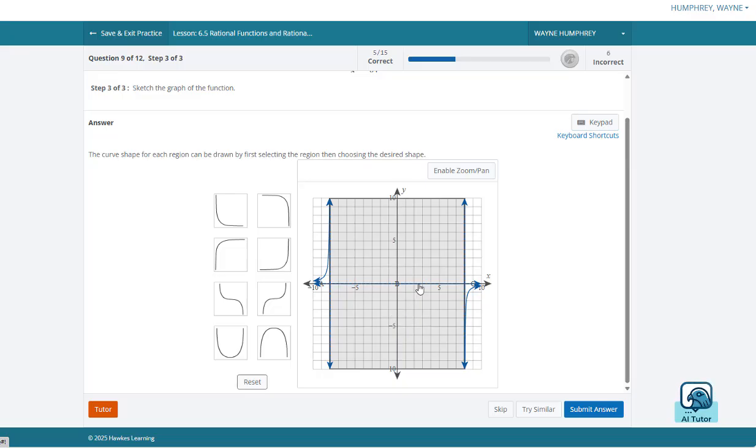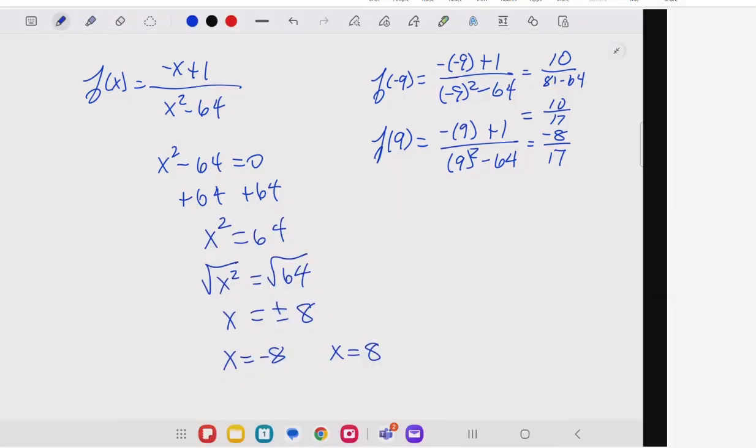So now we need to do a couple of test values, and I encourage you to choose values away from the origin. It's tempting to use 0 because it's easy, but it's not going to give you the information you need. So I'm going to step out to negative 5 and positive 5 and see if it gives me the results I think it should. So let's go back and do f of negative 5.